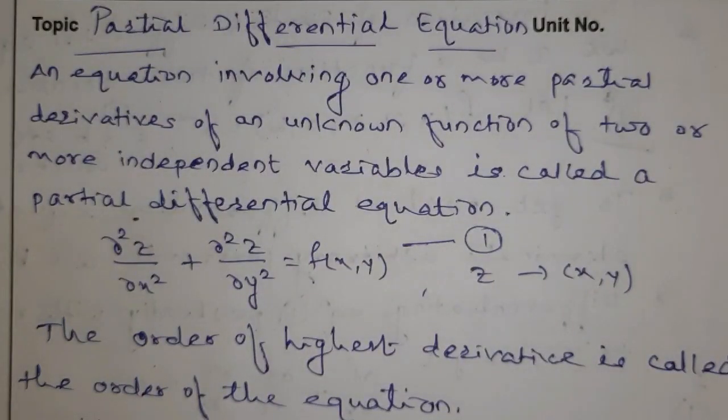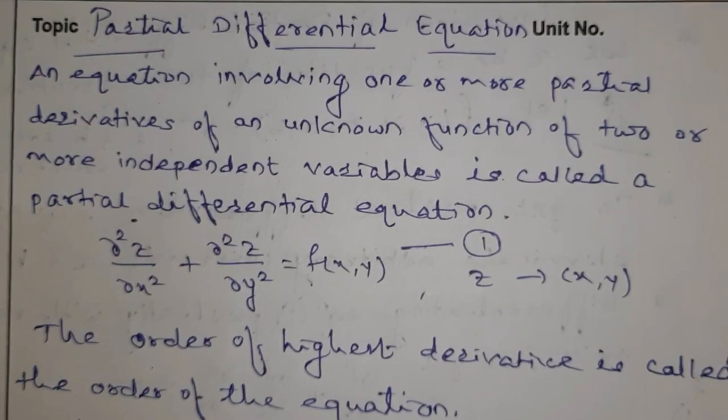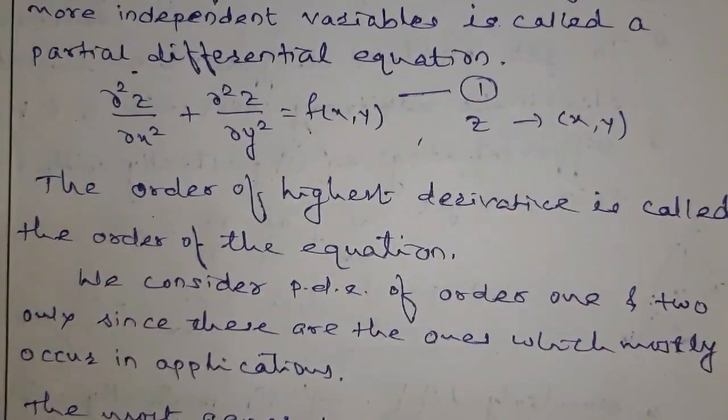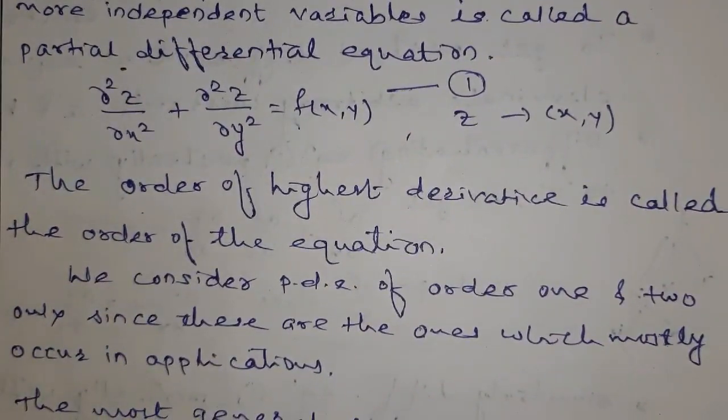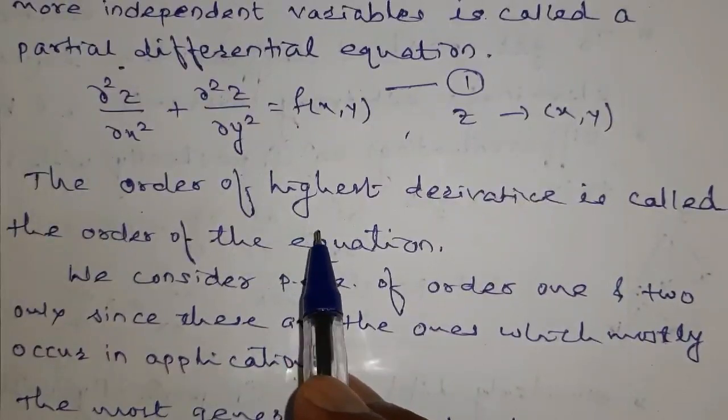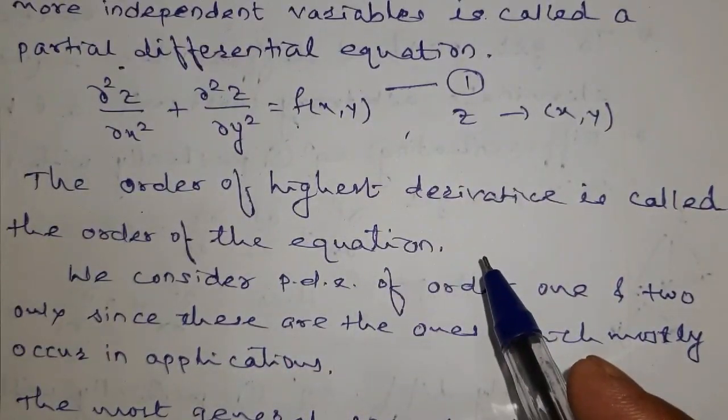Okay. Now the question comes, what is the order of a partial differential equation? As we studied in linear differential equations, the order of a differential equation is the highest order derivative that appears in it. In the same way, we define the order of a partial differential equation.